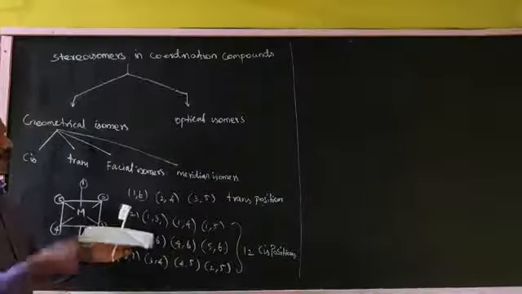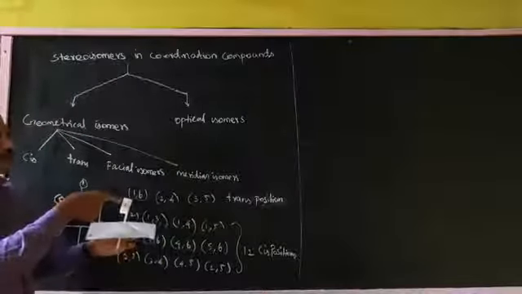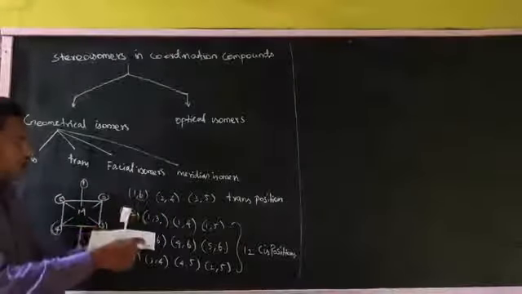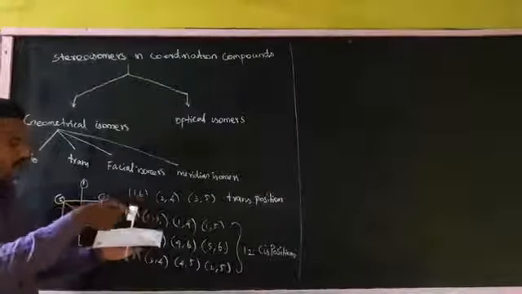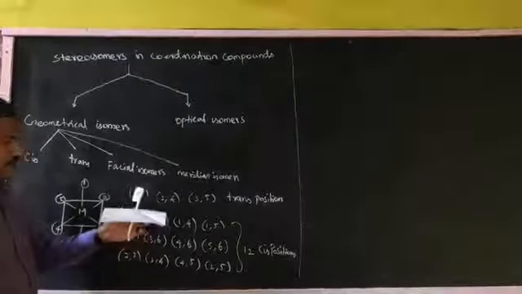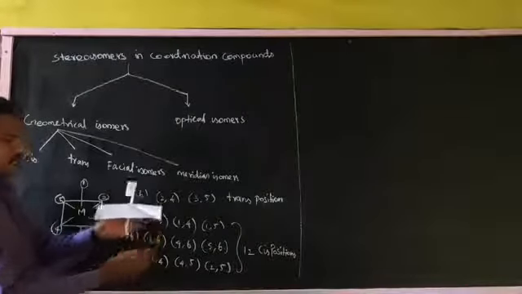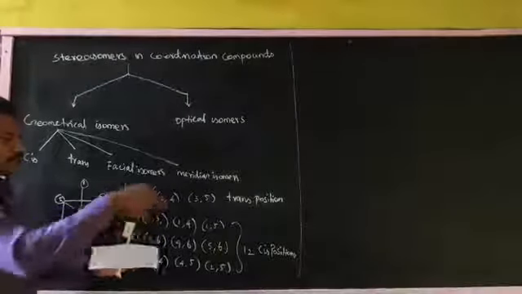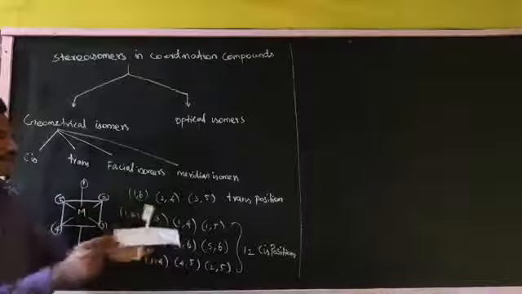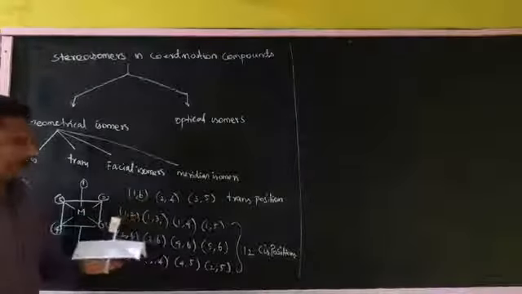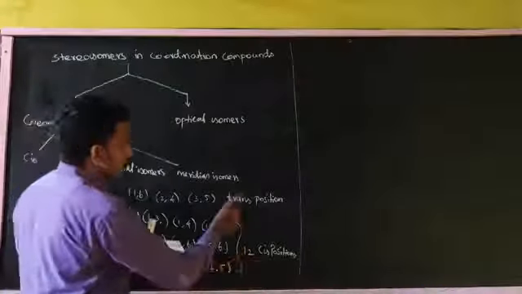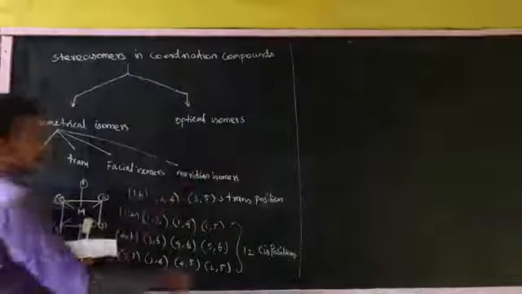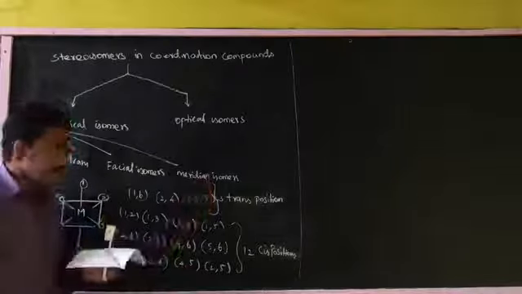Next, adjacent position. Similar groups lying on the same side means cis isomer. Adjacent positions we see 1, 2, 1, 3, 1, 4, 1, 5. Likewise 2, 6, 3, 6, 4, 6, 5, 6. Then 2, 3, 3, 4, 4, 5, 2, 5. So we have 12 cis positions and 3 trans positions, right?